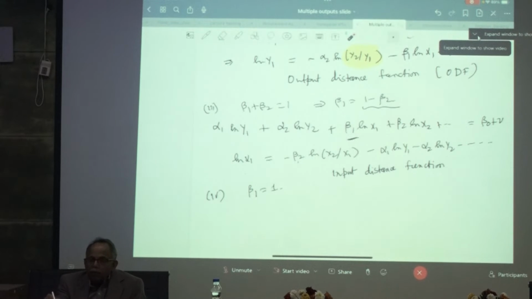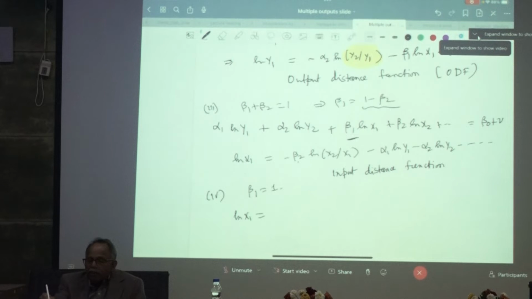Right. So you put beta 1 is equal to 1, and that means there is no coefficient in front of x1, so then you can write log of x1 equal to, so this is one, and again throw the other numbers on the right hand side.